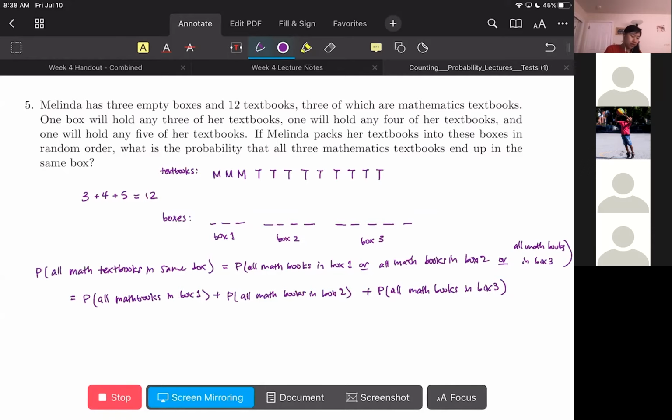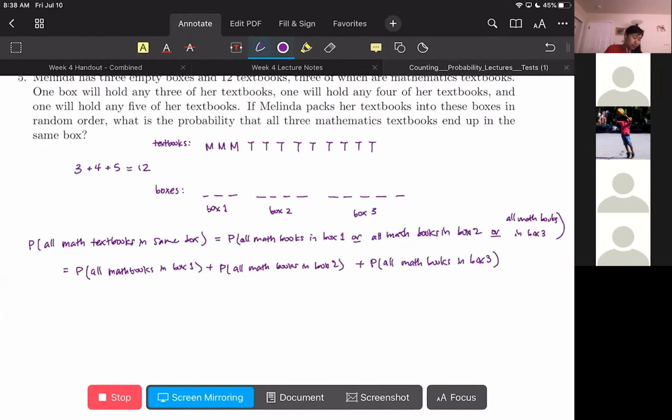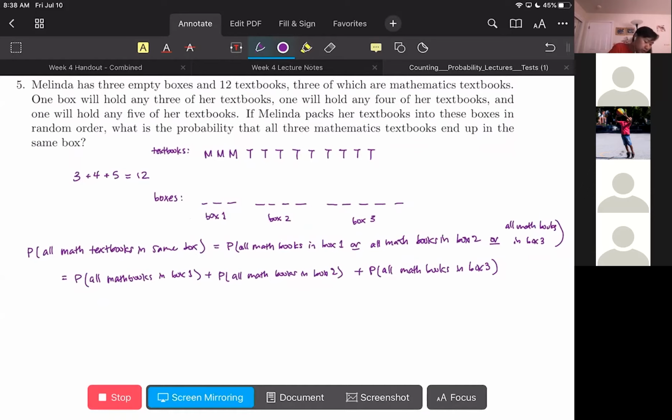Cool. So let's calculate these probabilities. So in the first case, we have all math books in box 1. And so we want to count the number of ways that that could happen over the total number of ways that Melinda could put her textbooks. So going back to up here, we know there's 12 slots for boxes.